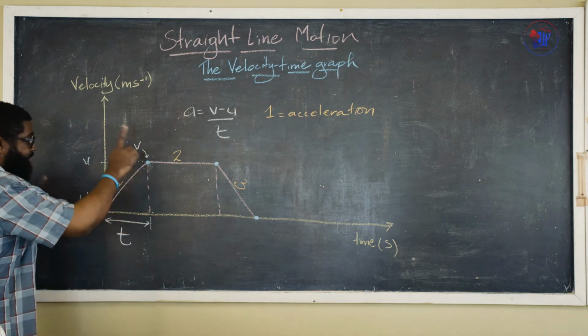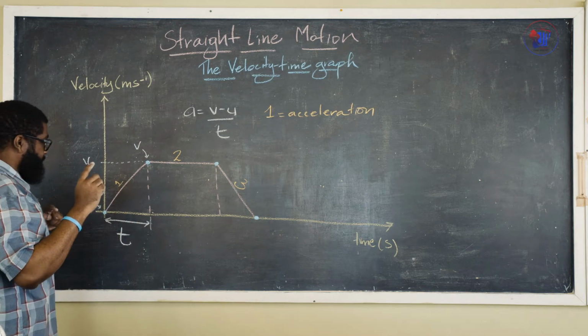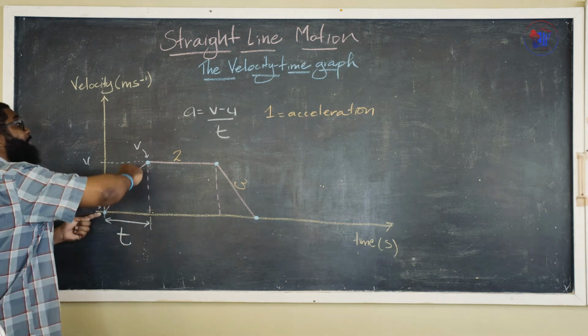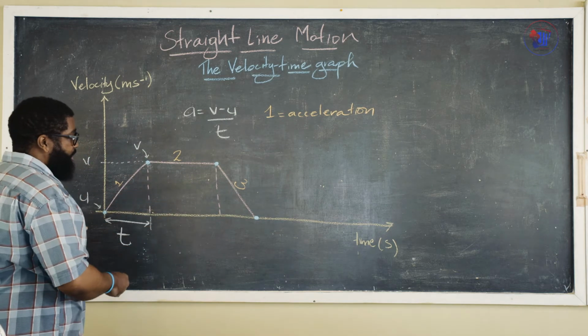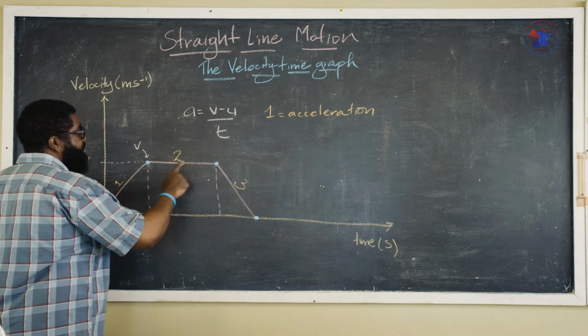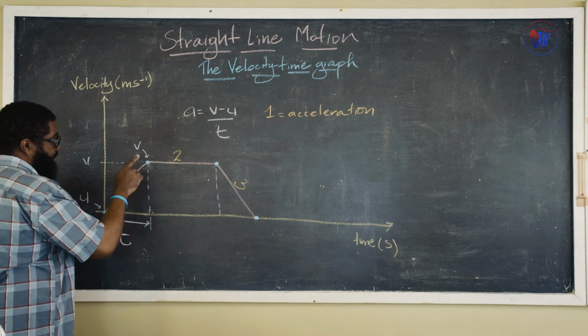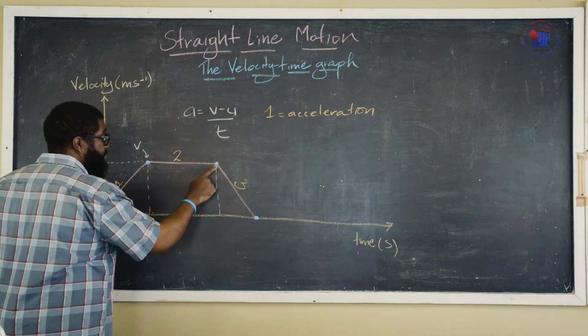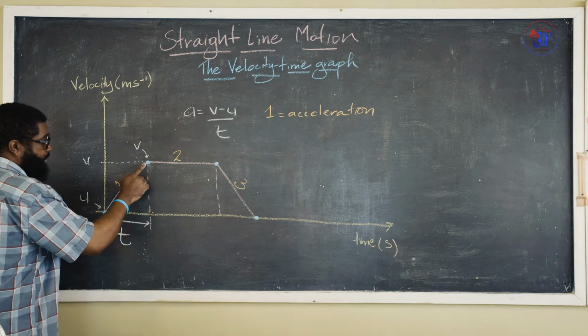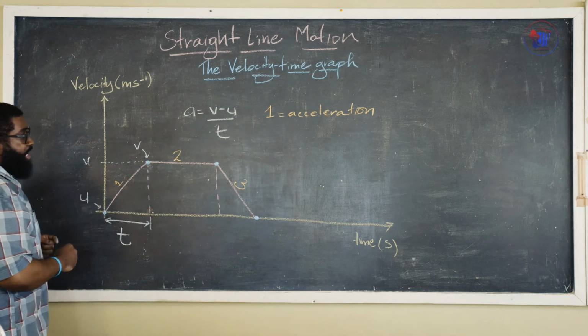Meaning whatever was moving, human, car, fly, bus, whatever it was, it sped up, it got faster. Now let's look at 2. 2 is a horizontal line. This is where 2 starts. This is where 2 ends. There is no change in velocity between the beginning and the end of the second phase.